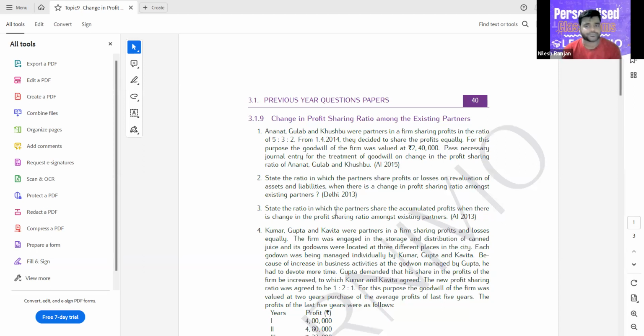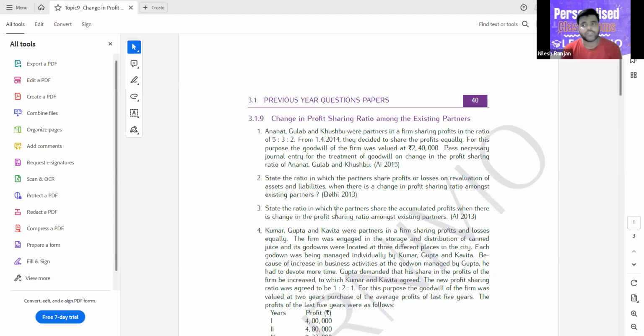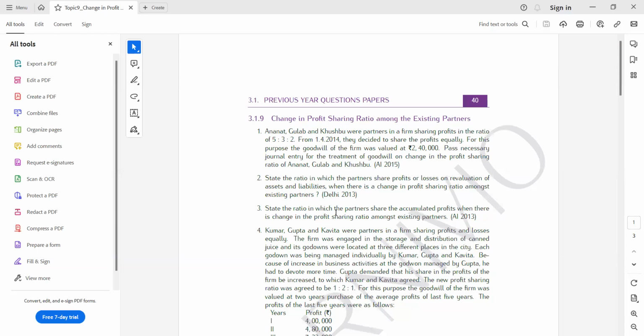So what is given in the question? Can you tell me what information related to ratio is given in the question? We have got the ratio.